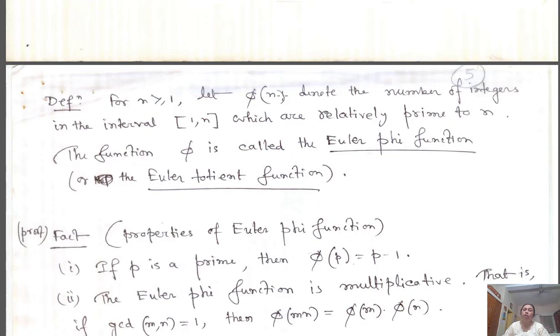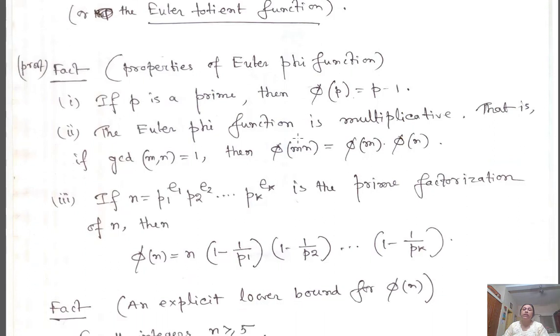So you count all the numbers which are less than n and relatively prime to n, and that number is phi(n). Already we have used this. There are several properties of Euler's totient function. Essentially, when we discuss the RSA encryption scheme or RSA digital signature scheme, phi(n) plays an important role. We will see that. So we are interested in the properties of phi(n).